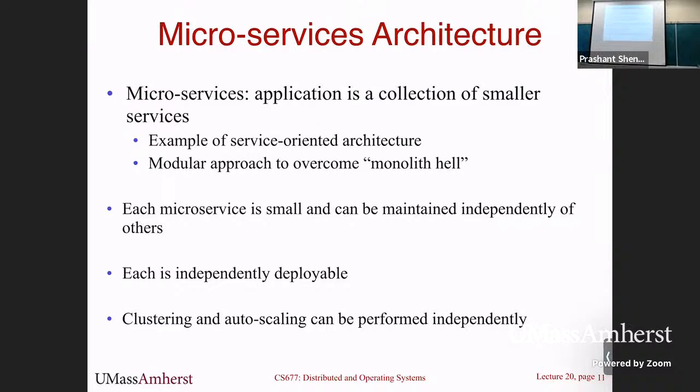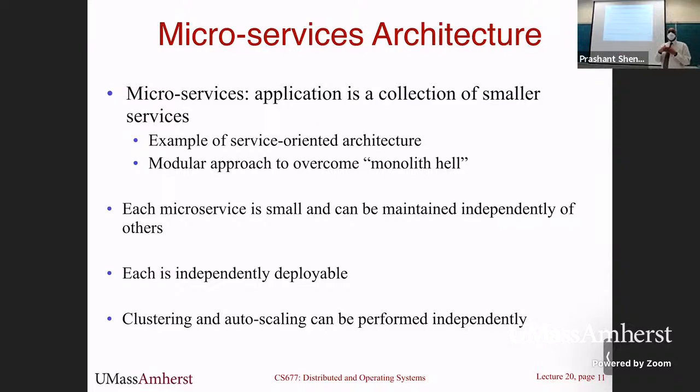So you don't need to look at a very large code base to make small changes. If your application is split into smaller services, each of them has a very clean interface, you can make local changes without impacting the rest. So it is easier to manage. Teams can be responsible for one service and not have to worry about how to make a modification.